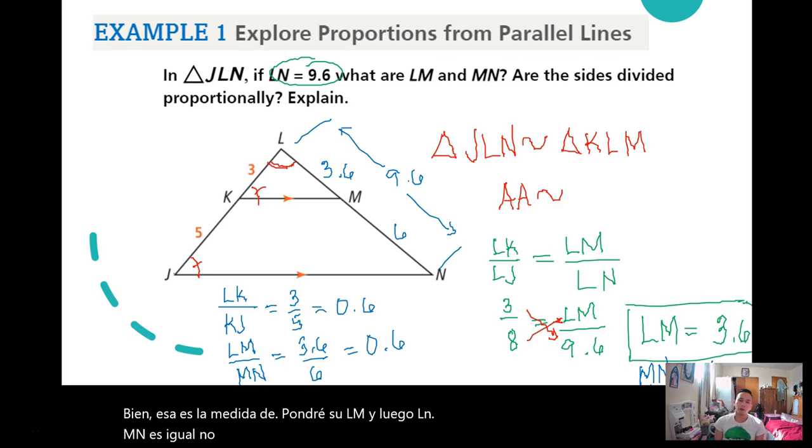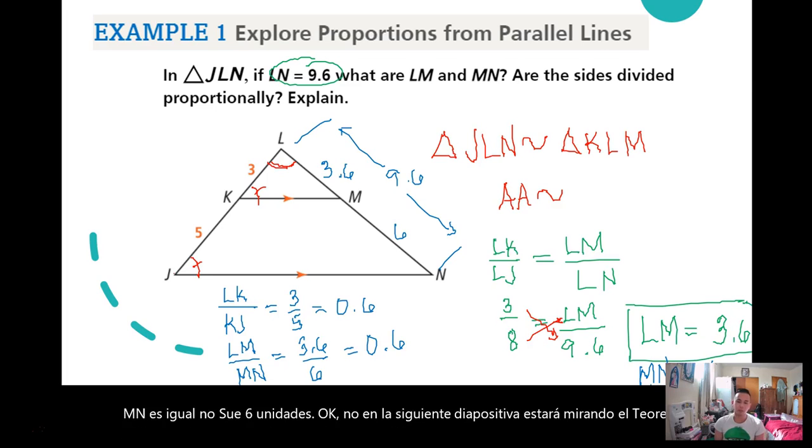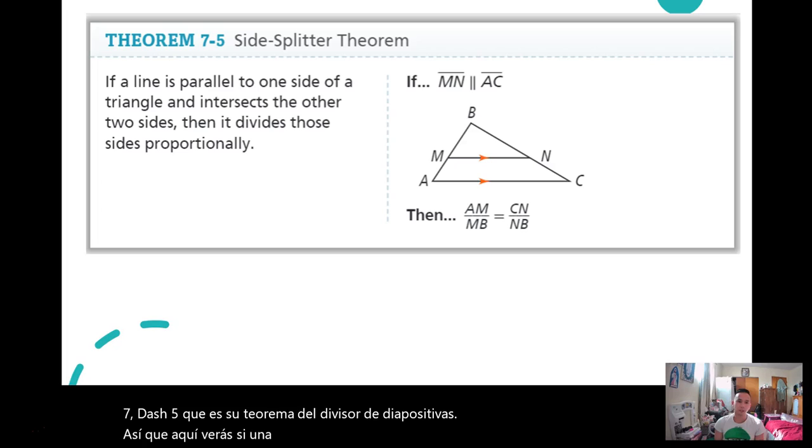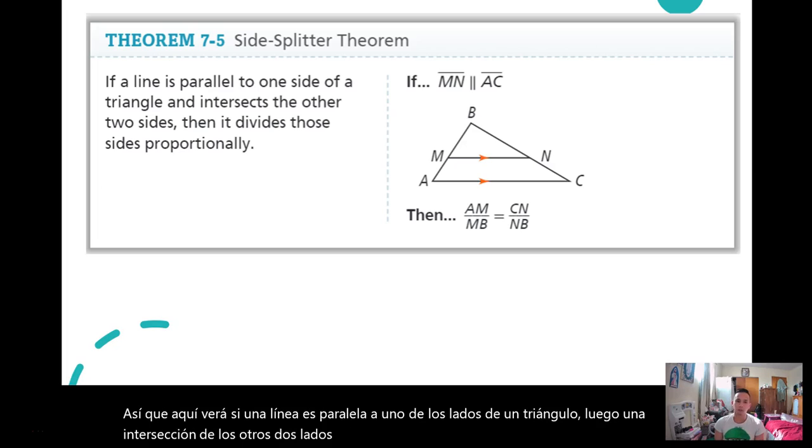Now, on the next slide, we'll be looking at Theorem 7-5, which is the side splitter theorem. In here, you will see that if a line is parallel to one of the sides of a triangle and intersects the other two sides, then it divides those sides proportionally.